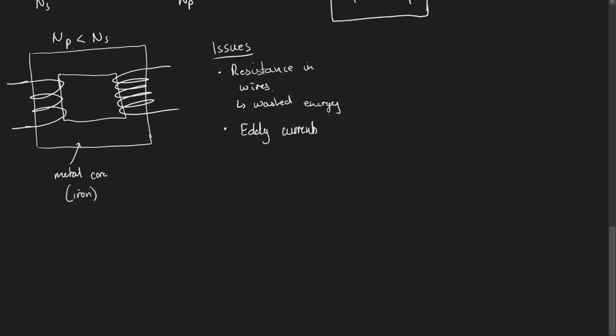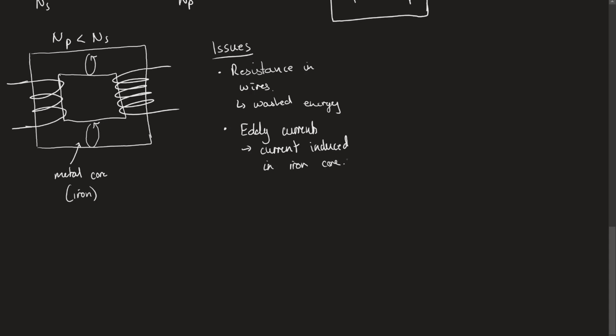However, these flux lines are crossing this metal, which is a conductor, and hence what we find is that along these barriers here we end up with eddy currents. Now an eddy current is where we have a current induced that is just going to travel around in loops on this iron core. So we have a current induced in the iron core.